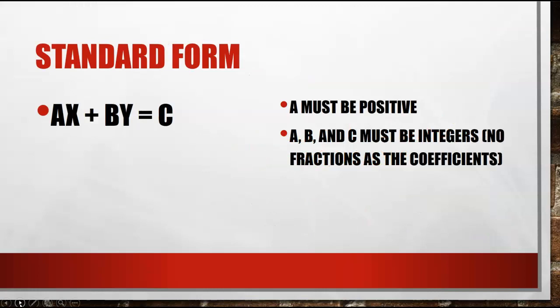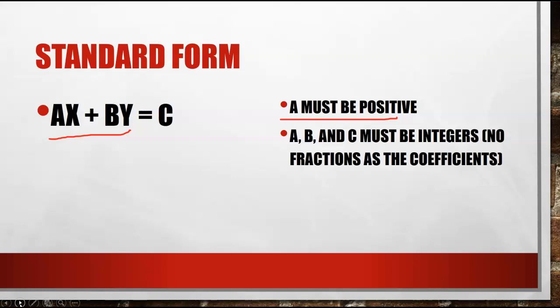So again, in the definitions, we talked about standard form. The two key things you need to take from standard form is that ax and by have to be on the left side of the equation. The a value has to be positive, and a, b, and c must be integers, meaning no fractions as the coefficients.